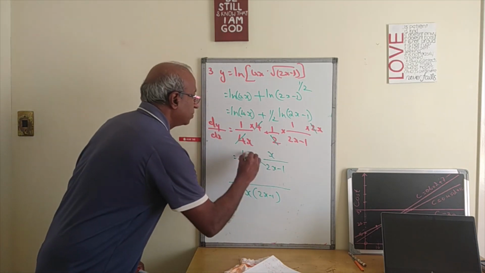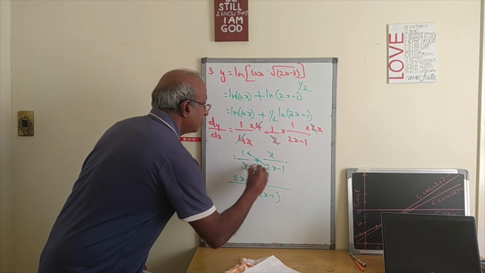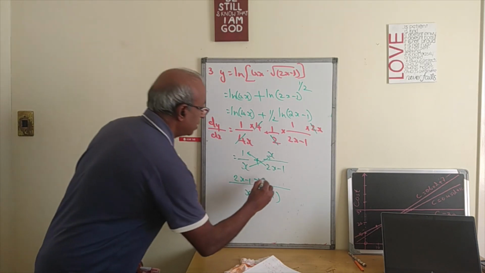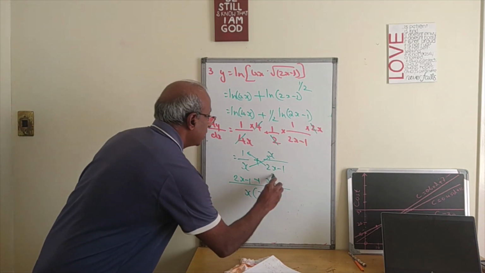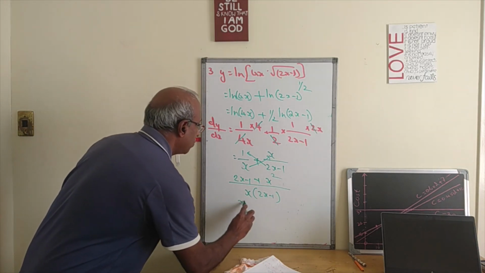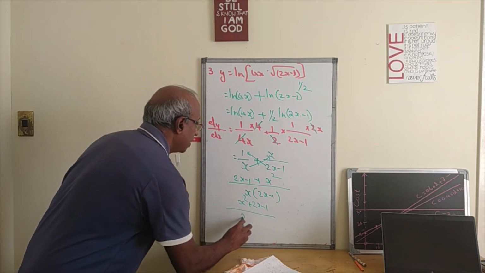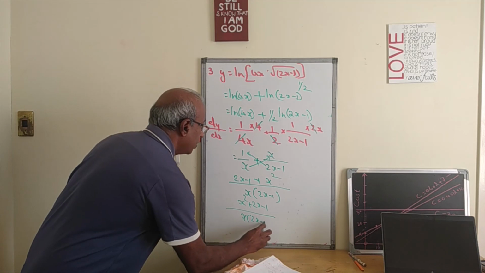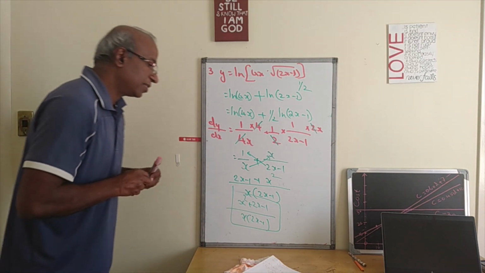Then you cross multiply this way: 2x minus 1, plus, you cross multiply this way, that is x. So this one, x times x, we have x squared. So we have x squared plus 2x minus 1 divided by x times (2x minus 1). That is the answer.